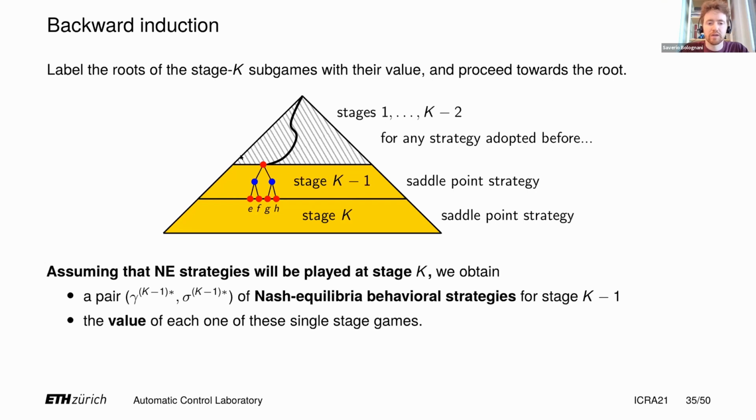What does it mean to solve this subgame here? It means that I'm finding a best strategy for stage K-1. It's a Nash equilibrium, and this is assuming that, of course, from now on, I'm going to play optimally. But you're going to solve it independently for all possible subgames at the stage K-1.